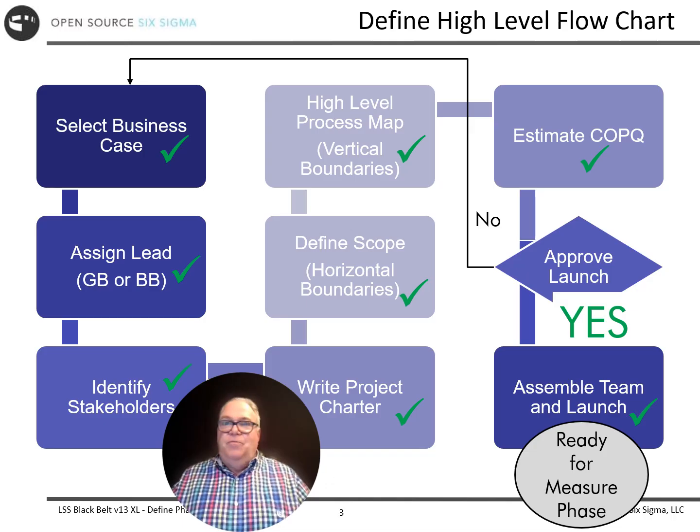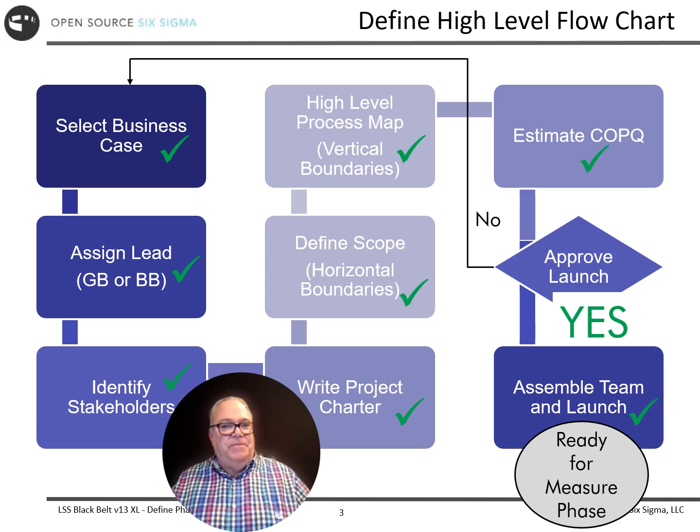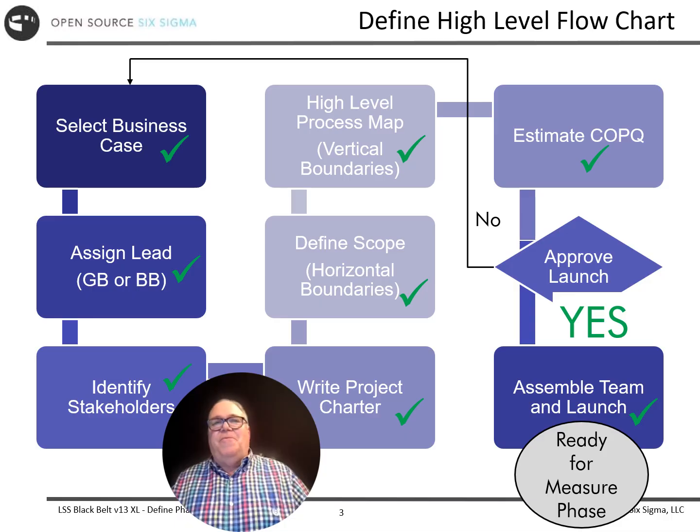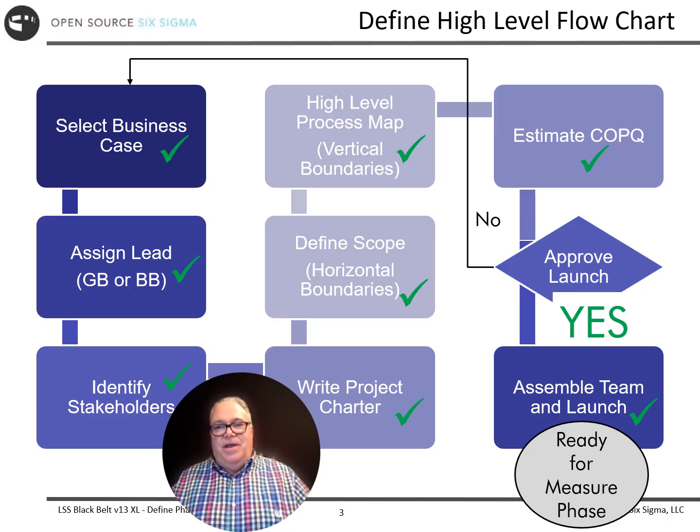If we find out maybe there's really no value, we can't decide on the scope, or stakeholders don't think it's the right thing to work on, so if we fail at any of these steps, we might go back and pick a different business case and bring that one forward. So at the end, we are now ready to launch the project with our team, and we will move in the next sections into tools of the measure phase.